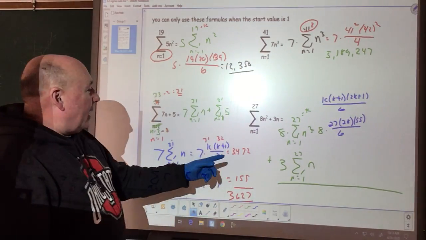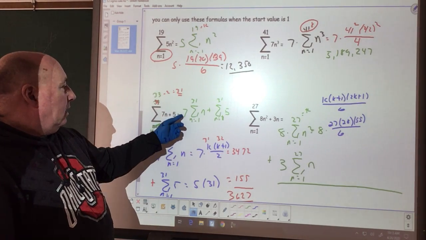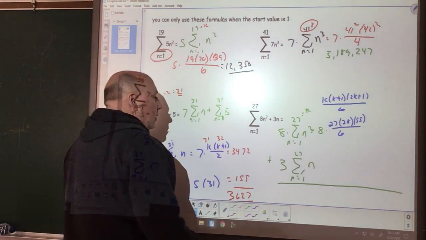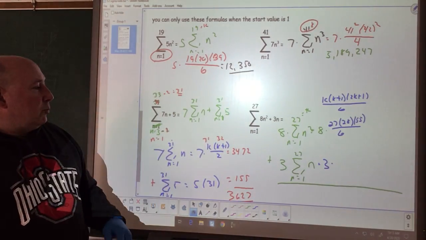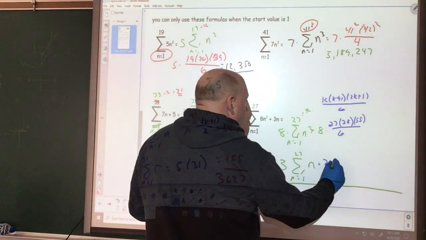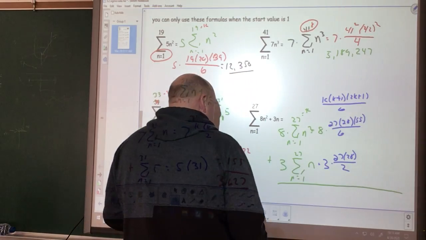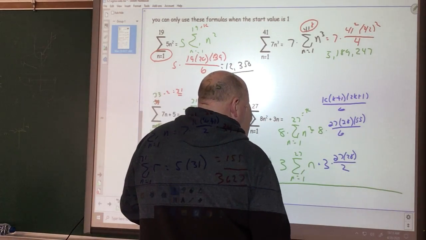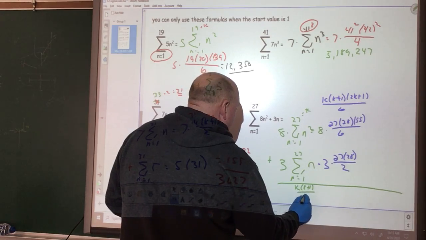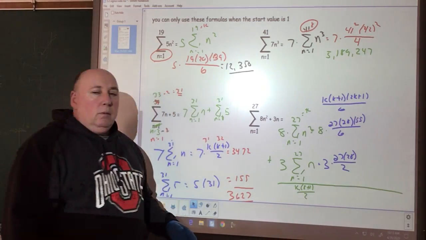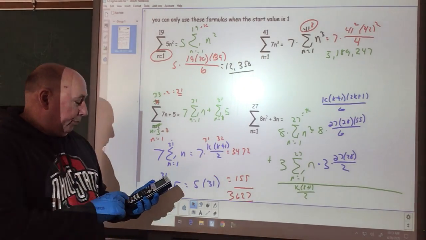And then when I have my n, I have 3 times k plus 1, so 27 times 28 divided by 2. Once again, that's k plus 1 divided by 2. So I have two calculations to go through.